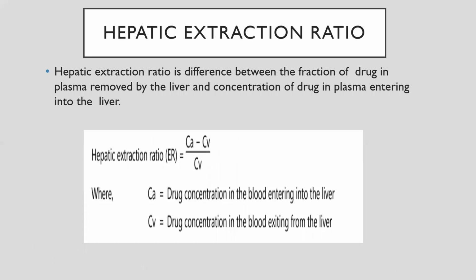Next point is the hepatic extraction ratio. What is the hepatic extraction ratio? It is the difference in the fraction of the drug in the plasma which is removed by the liver, relative to the concentration of the drug in the plasma entering the liver.